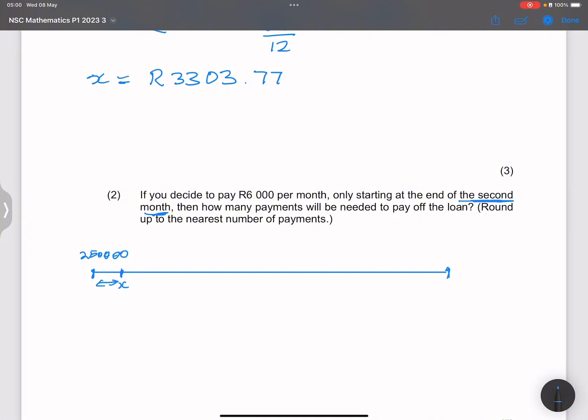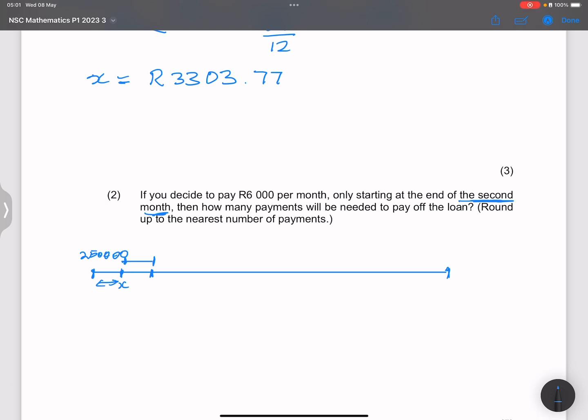So that would be the normal pattern. But now we delay in this case by a month. So what happens to this 250,000? It will accumulate interest during this first month when I actually have to pay for it. So I'm no longer going to be paying off 250,000, but 250,000 together with the interest.